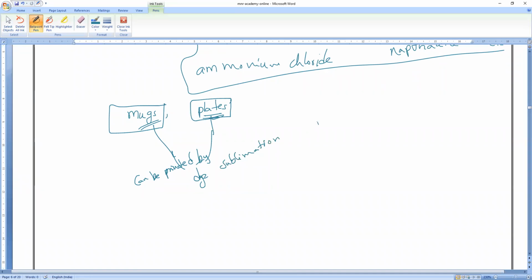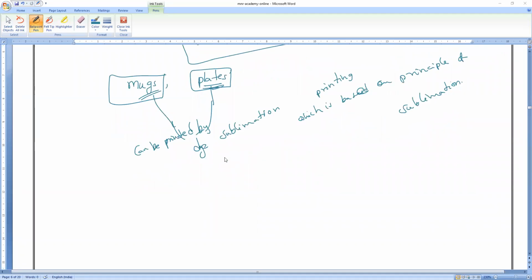Dye sublimation printing is based on the principle of sublimation only. Whatever beautiful designs you are getting, everything they print based upon this only. Okay, guys? Exactly correct, dye sublimation we used to call. So this is a science in real life.